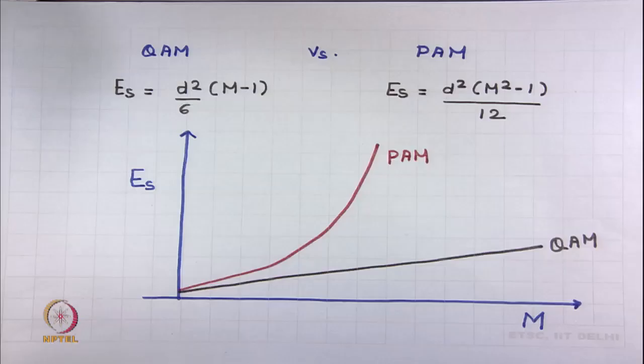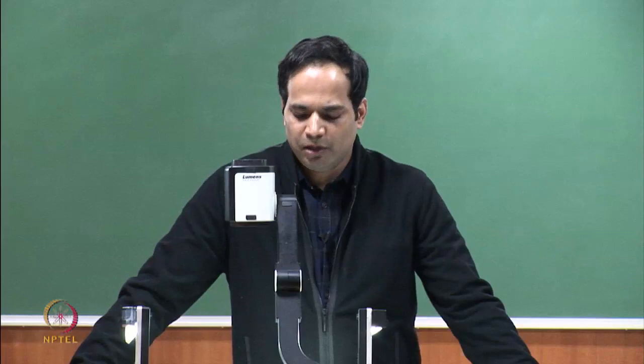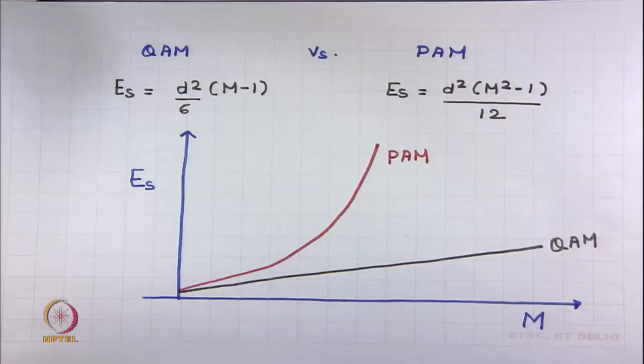Okay. The second idea that we have developed is we have covered the average symbol energy that is required in PAM versus QAM, and if you see this, it will be extremely clear why this PAM should not be used for large values of M. In PAM, the average signal energy scales as M square, whereas in QAM the average signal energy scales as M, it linearly increases with M, but not as a square of M, and this is a significant saving.